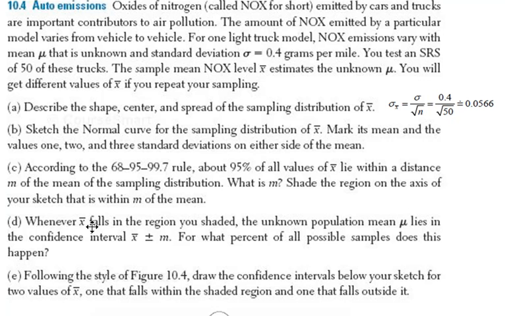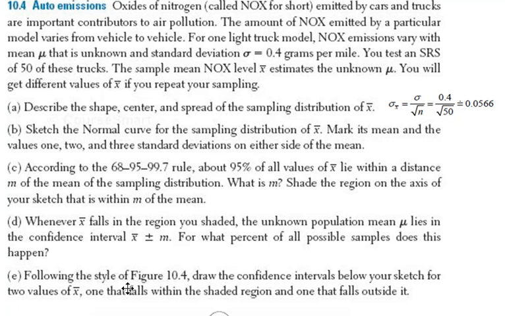All right, whenever X bar, and I'm in part D here, whenever X bar falls in that region, the unknown population mean mu lies in the confidence interval from X bar plus or minus the margin of error. For what percent of all possible samples does this happen? Well, we're 95% out. So 95% of all of the samples should fall within this margin of error.